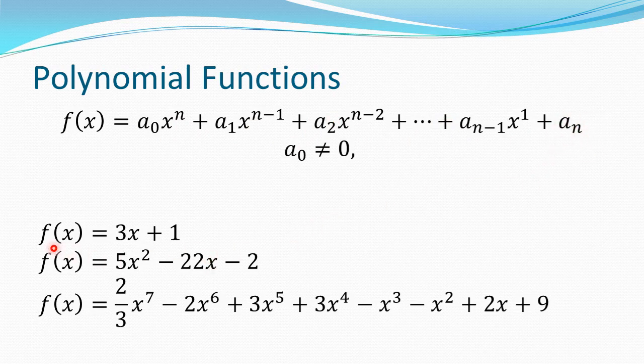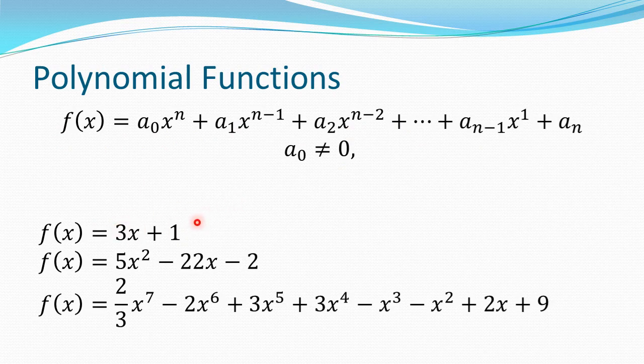For example, f of x is equal to 3x plus 1. Here, this is your a sub 0, and your x starts with exponent 1, then x to the n minus 1. Obviously, the next would be x to the 0, so there's no more x. This is your last term, the constant. See? This standard equation can represent this equation.